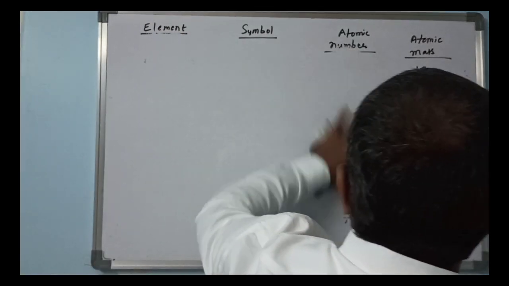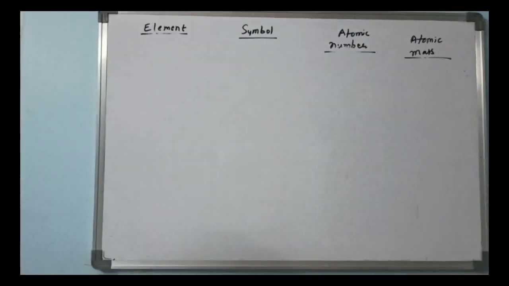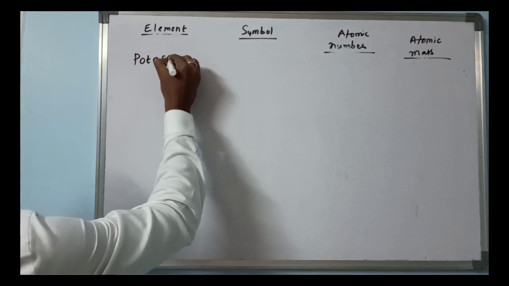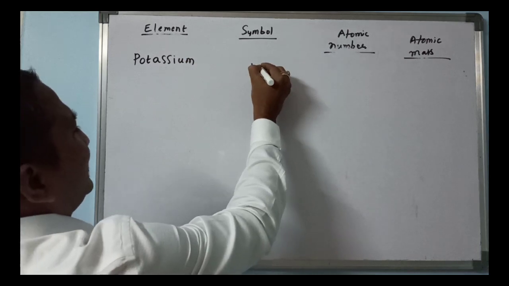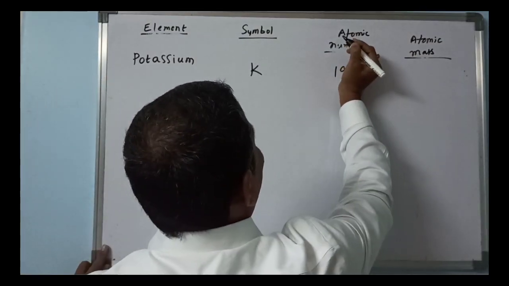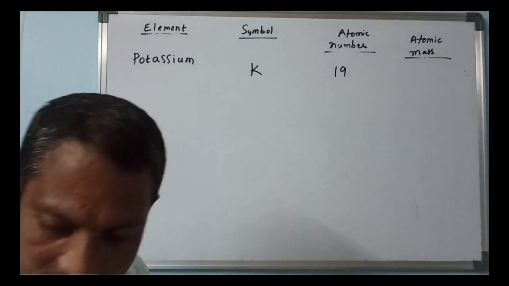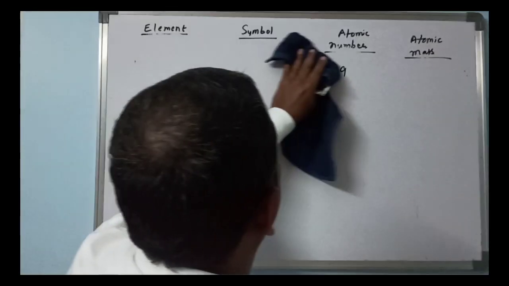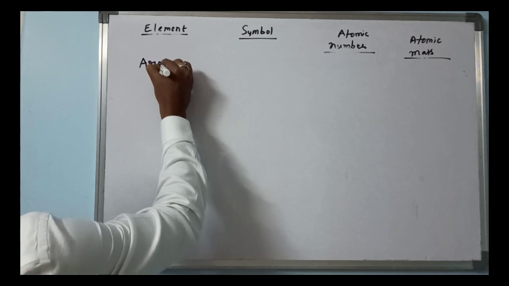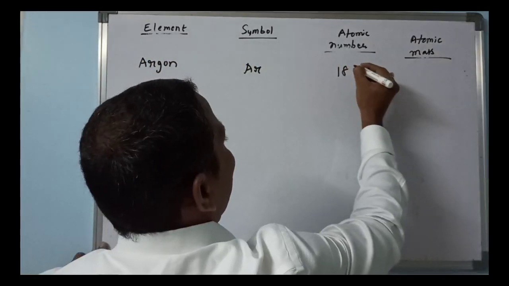Next, argon. Symbol Ar. Atomic number 18.